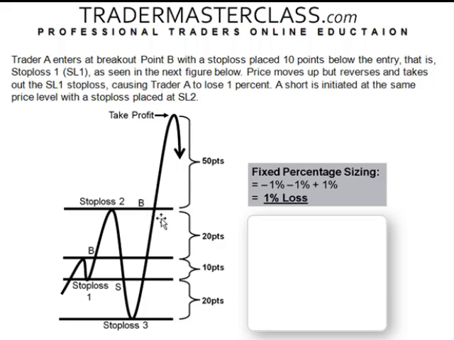So in this case, we see for the third trade, Trader A enters a long position here and exits at this point here, which is 50 points above the original long entry position. And therefore, for the third trade, Trader A actually makes 1%, but overall, Trader A still made a loss.